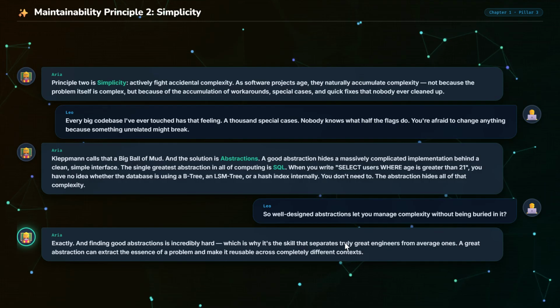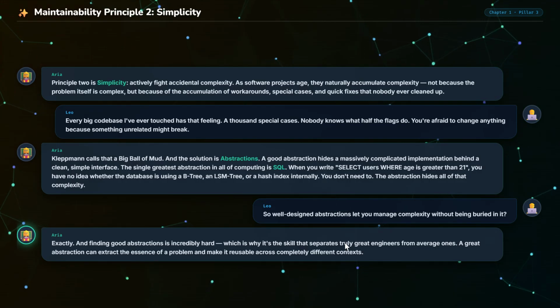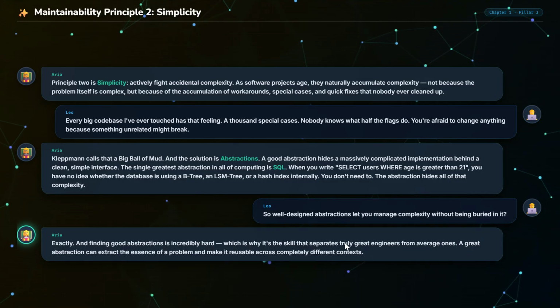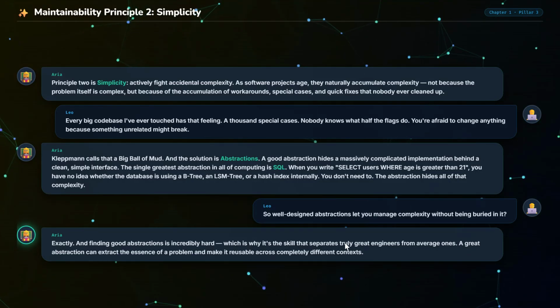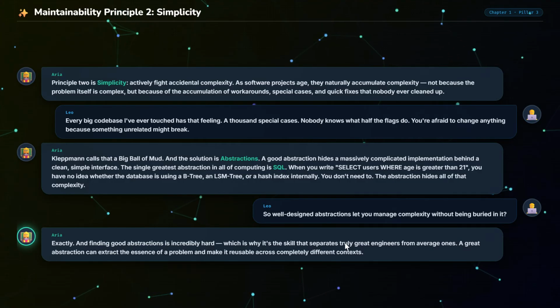You do not need to know. The SQL abstraction completely hides all of that internal complexity. And finding excellent abstractions, the kind that truly capture the essential nature of a problem and remain useful as requirements evolve, is the rarest and most valuable skill in software engineering.